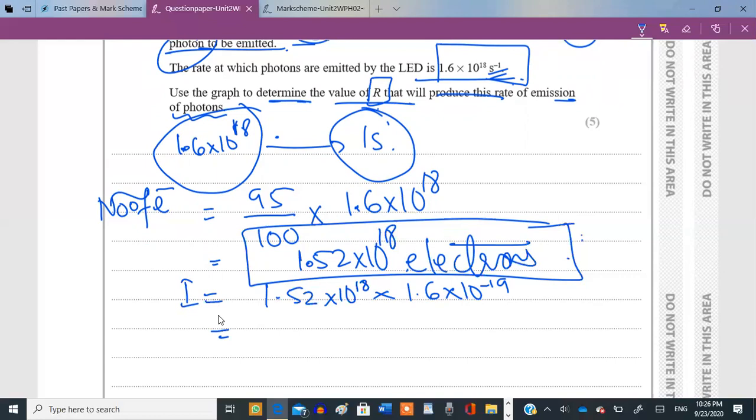And this 1.52 raised to the power of 18 multiplied by 1.6 raised to the power minus 19 turns out to be 0.2432 amperes.